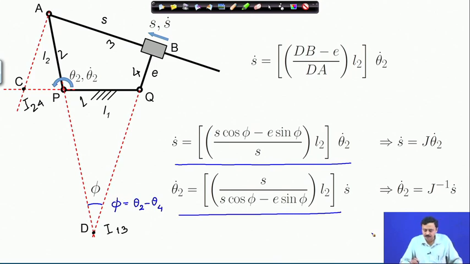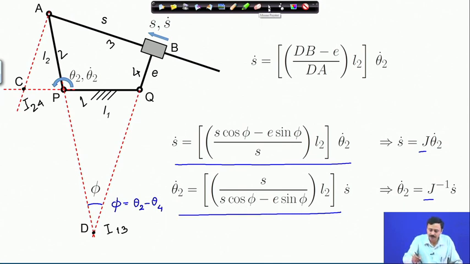So, these expressions of the Jacobian as defined in this slide look very different or more complicated, so to say, when you compare it with that obtained from the analytical method.